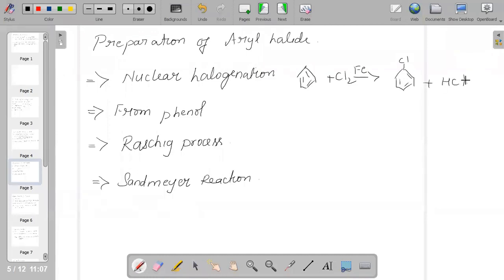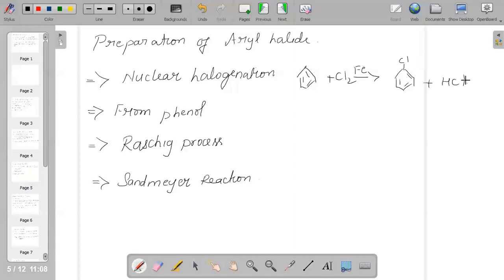So we are having a product as chlorobenzene, or we can also prepare haloarenes from phenol. If phenol is treated with phosphorus pentachloride, it can give you chlorobenzene, hydrochloric acid and phosphoryl chloride.